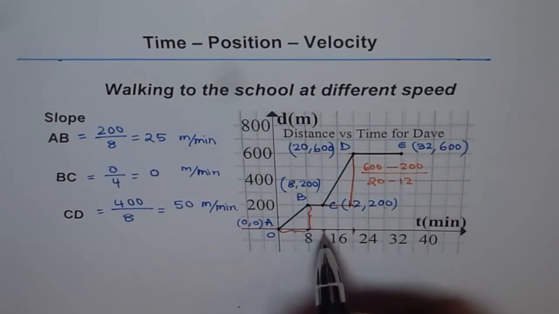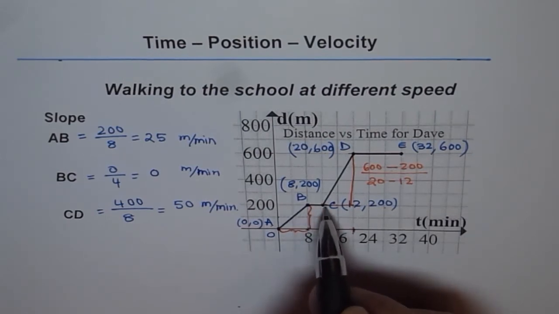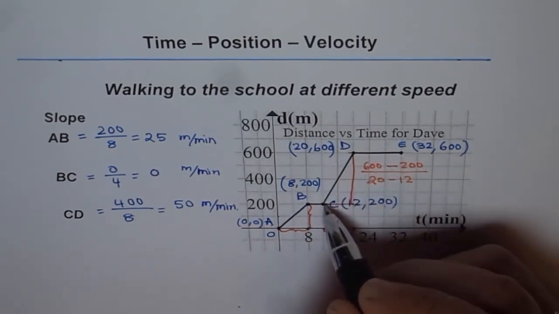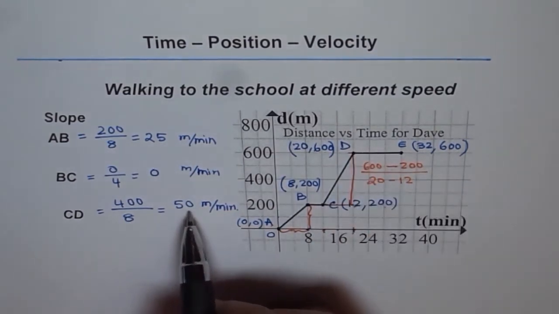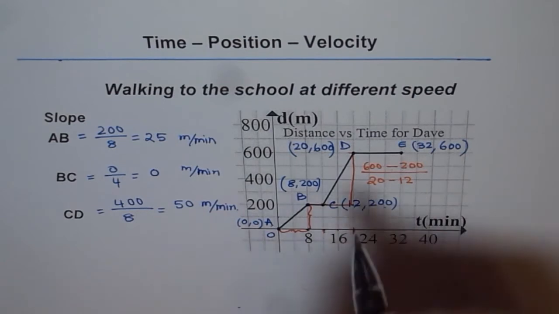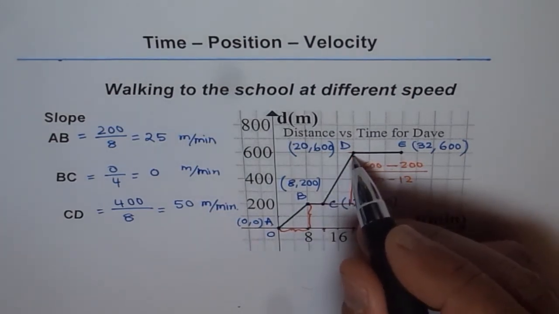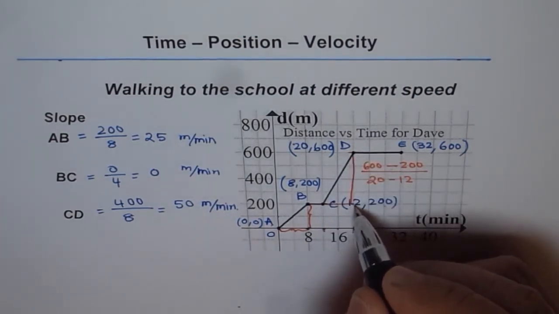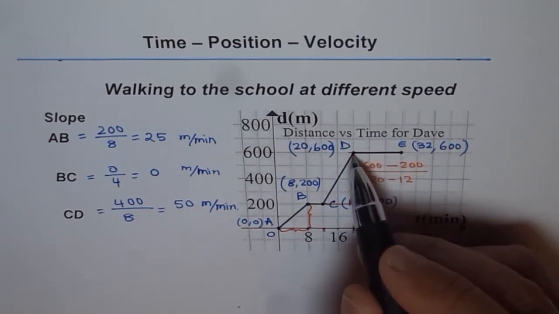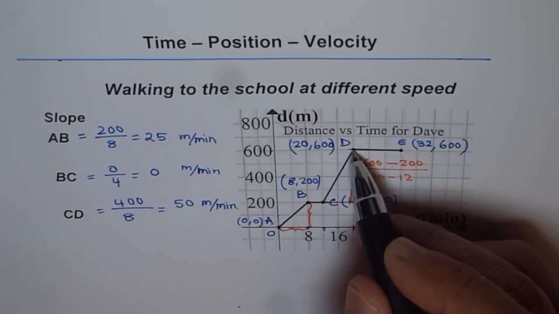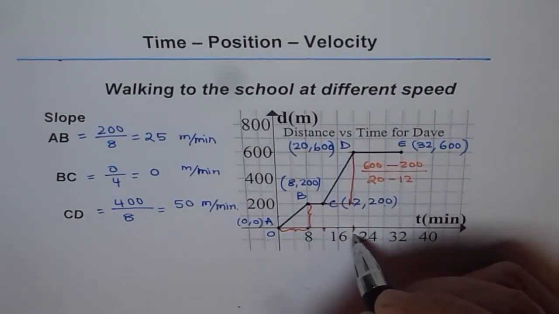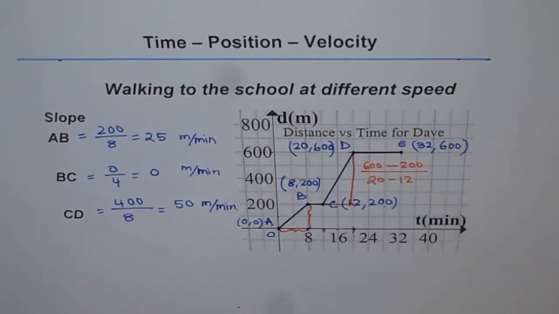Then he stops for 4 minutes, that is B to C, and walks faster towards the school at a steady pace of 50 meters per minute, covering a distance of another 400 meters in 8 minutes. So he reaches school, which is 600 meters away from home, in 20 minutes, right? So that is how you can tell your story, right?